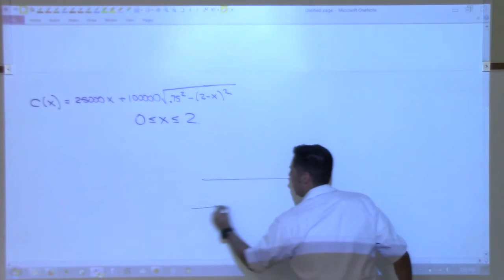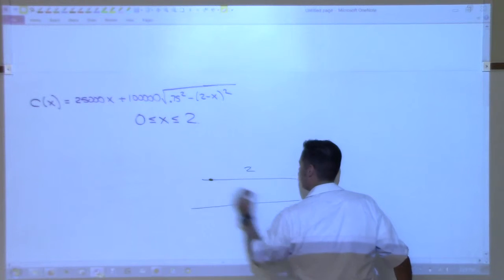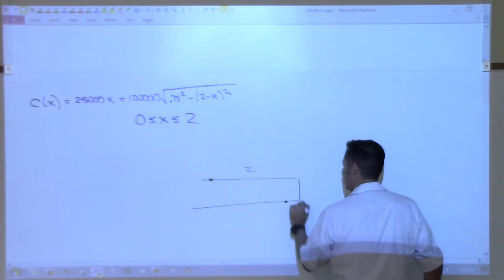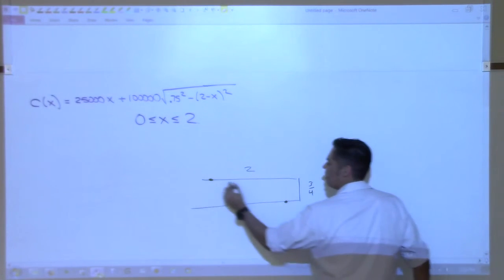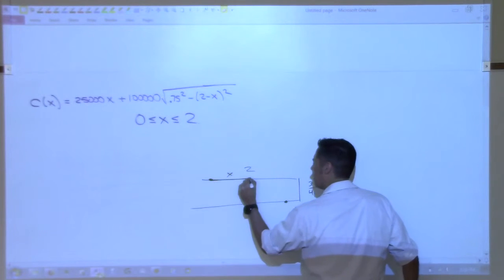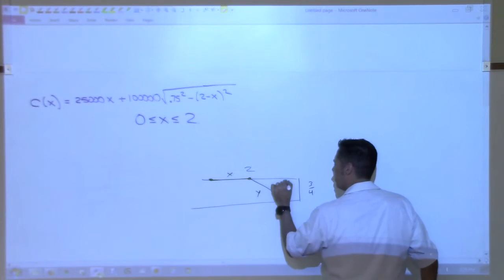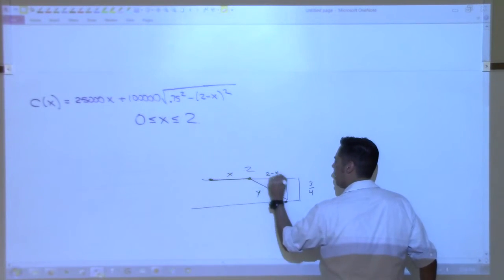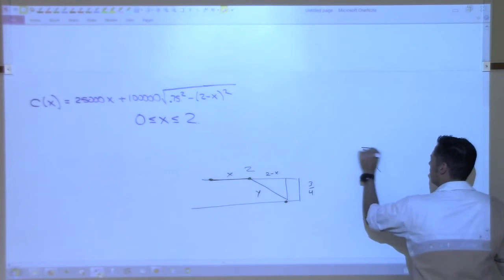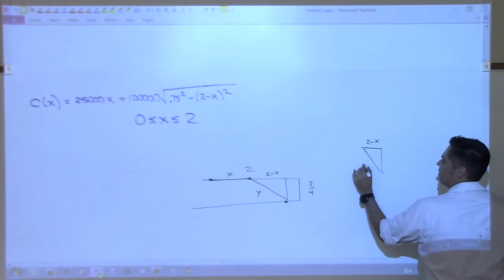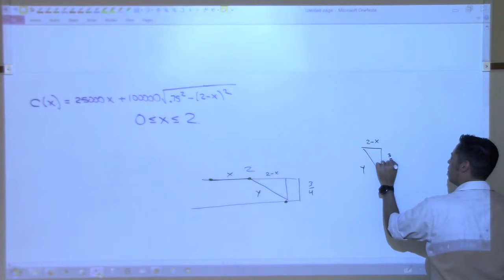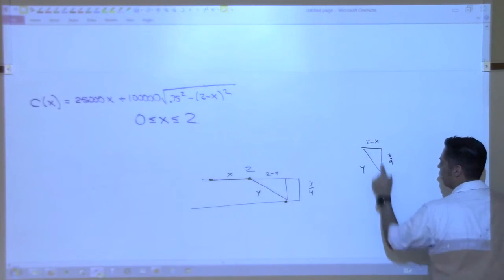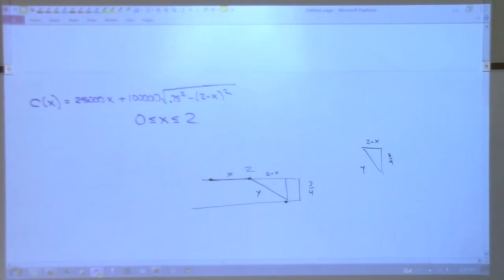Okay, we have 2 here, point, and then this right here. I'm going to go 3/4, and we went out to x here. We came across here, called that y. This distance right here is 2 minus x. Okay, so 2 minus x, y, 3/4, solving. I see it.